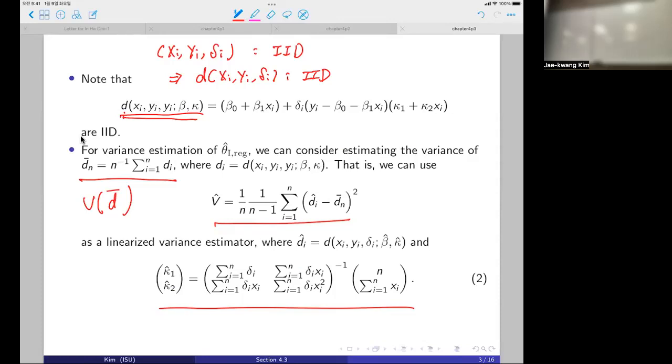Well, this is an IID sample mean. I don't know, you don't have to have any survey sampling idea here at all. It's just IID, so this is the sample mean. So the variance estimate should be 1 over n times s squared, right? Which is this.